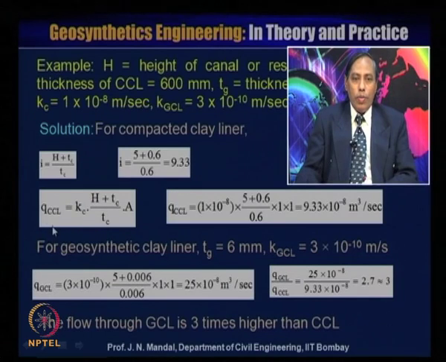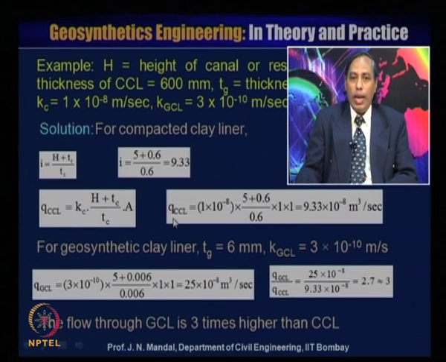Now, the quantity Q of CCL, the quantity of flow of water through the compacted clay liner. You know from Darcy's equation that Q_CCL is equal to Kc into (H plus Tc) divided by Tc into A. So, Kc is given as 1 into 10 to the power minus 8 meter per second into (5 plus 0.6) divided by 0.6 into A, which is 1 by 1.